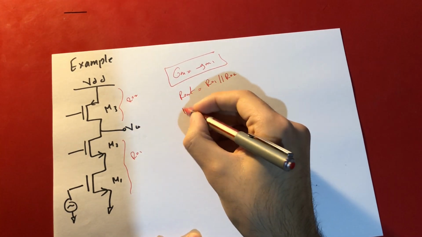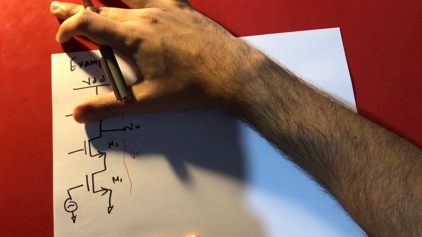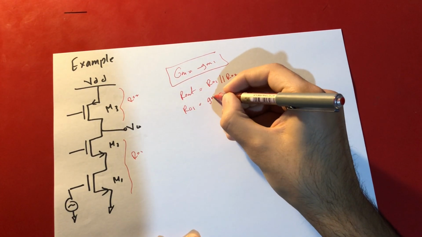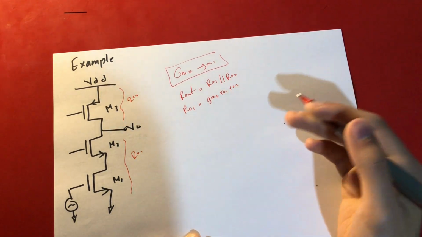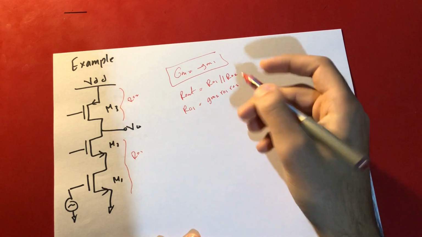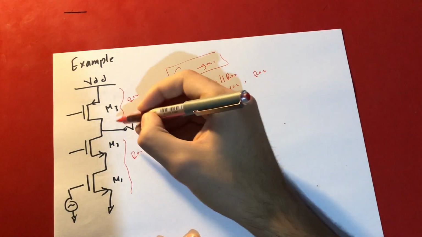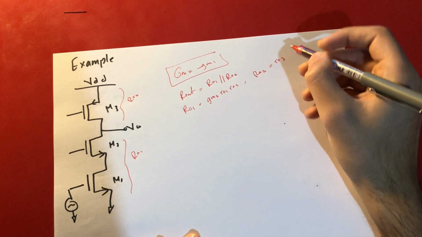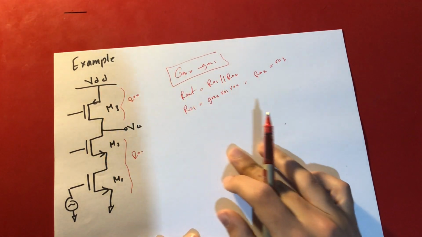Let's find either one separately. RO1, you can see it's the same as before, right? It's nothing but GM2 RO1 RO2. Of course, you can use the exact expression. And RO2, what is RO2? It's nothing but RO3, right? There's only one resistance here. There is no cascoding.